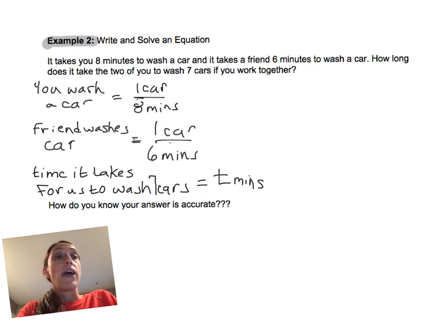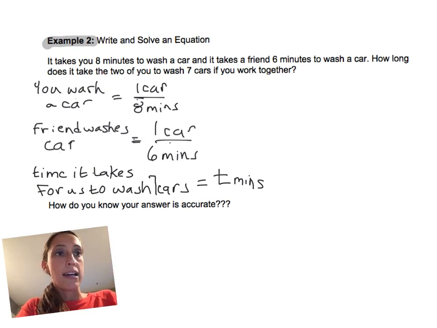Okay, now we're going to go ahead and write our formula or our verbal model. I'm basically combining 2 things together because my friend gets to wash some cars and I'm going to wash some cars, but together we want to wash a total of 7 cars. So that's me building my verbal model. I'm going to use a different color.